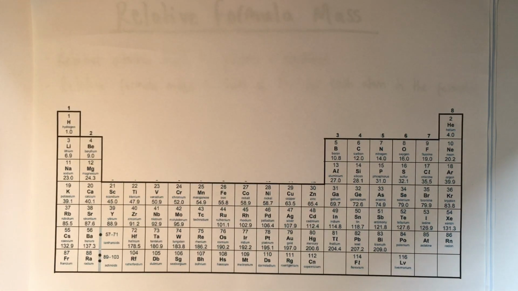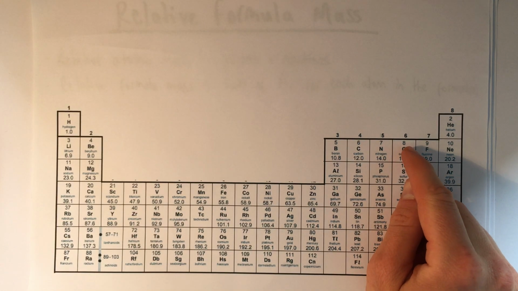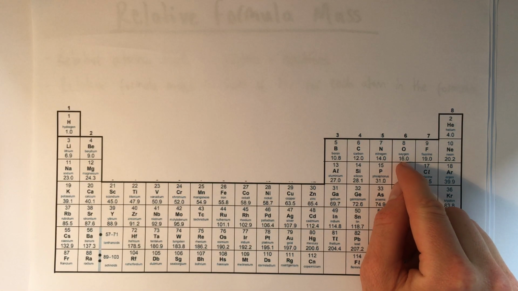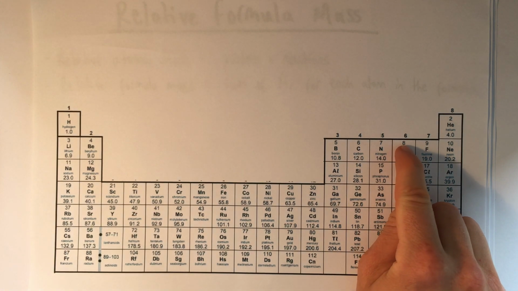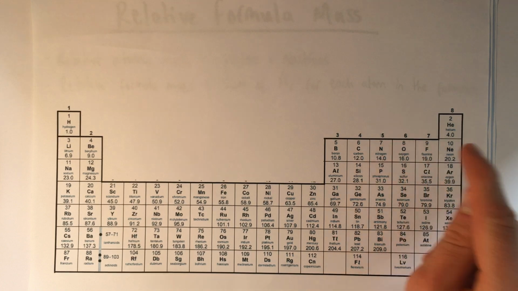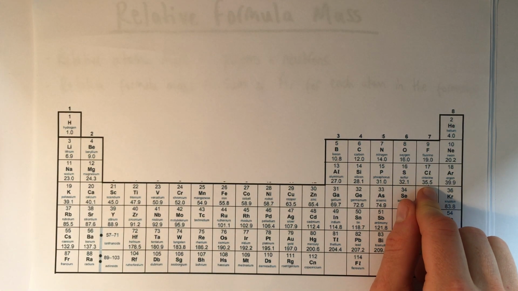And before we go to relative formula mass, relative atomic mass is something that is found on your periodic table. And it tells you the number of protons and neutrons that an element has as an average across all the different isotopes. So for example, if we went to oxygen, the relative atomic mass, which is the bigger number, is 16. And that's because it's got 8 protons and it must have 8 neutrons as well. Or for chlorine, the relative atomic mass, the bigger number, is 35.5.